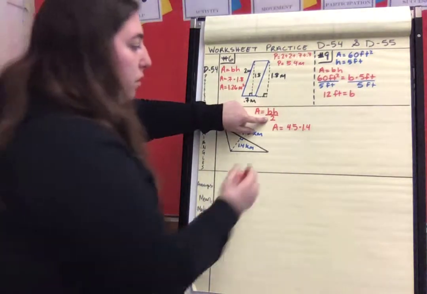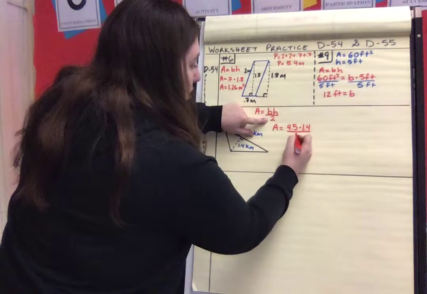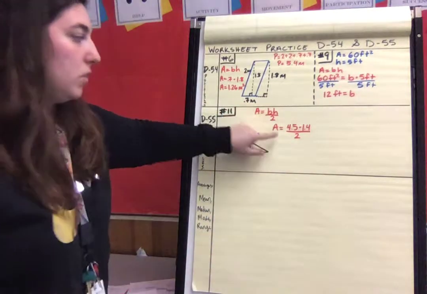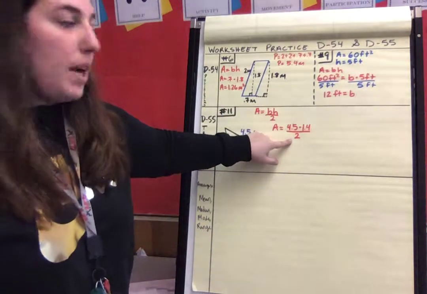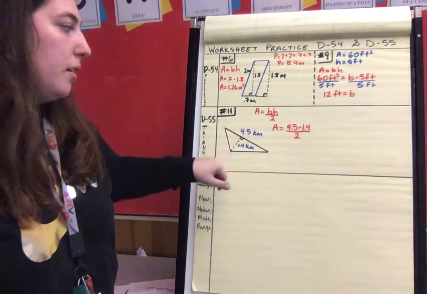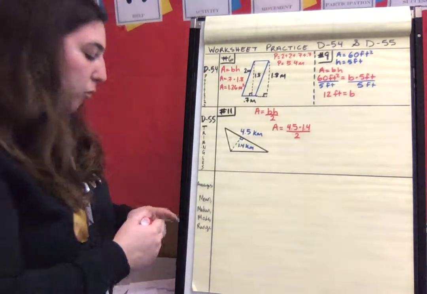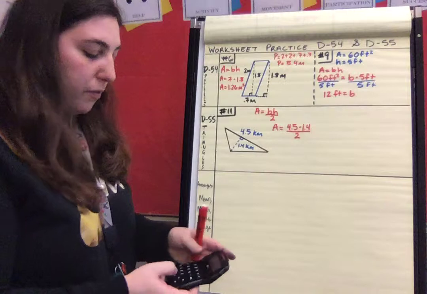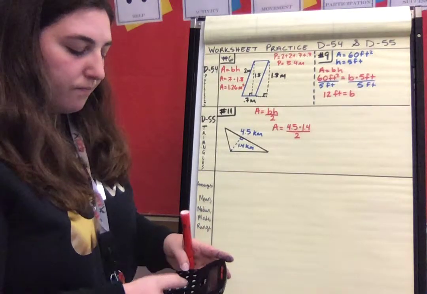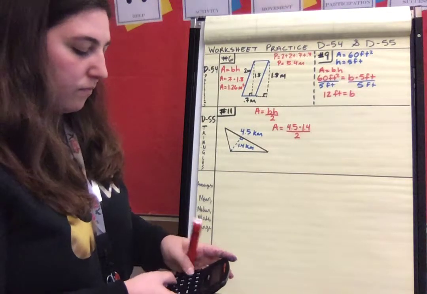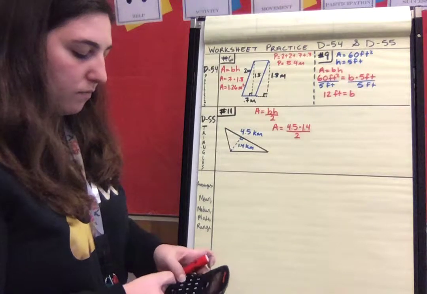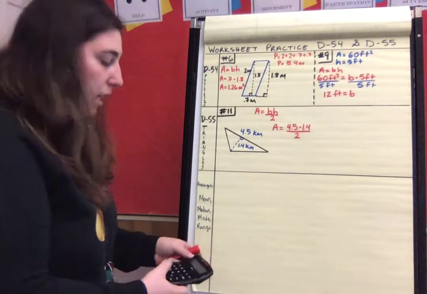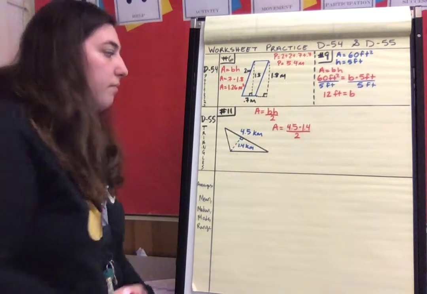Now you need to divide it by 2. Don't forget to do this, dividing it by 2. That's part of our formula. So I'm going to multiply 4.5 times 1.4, and I get 6.3.